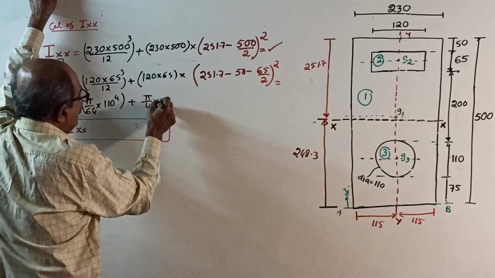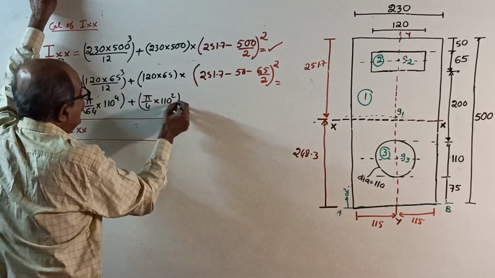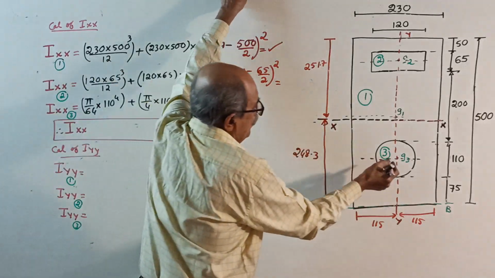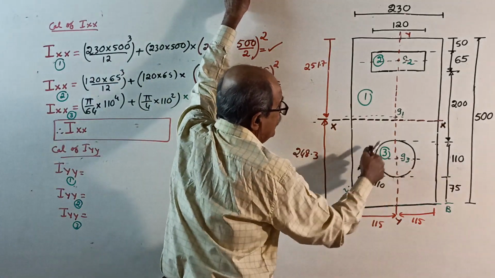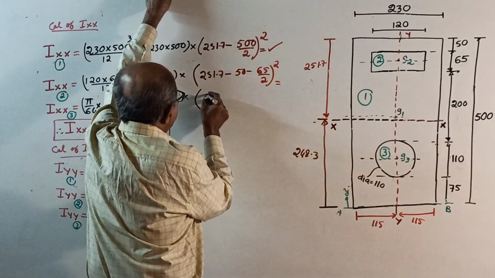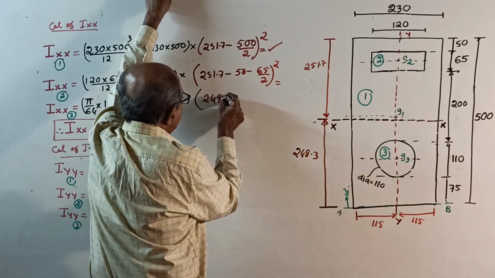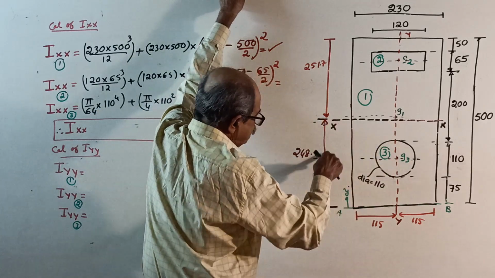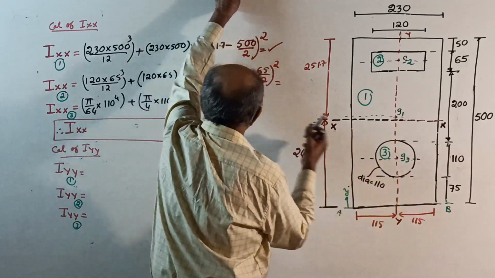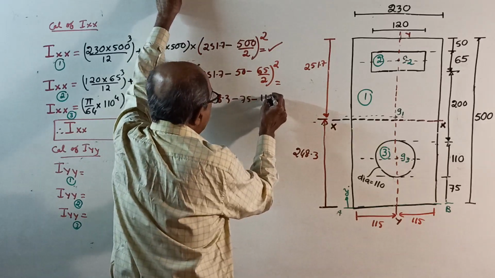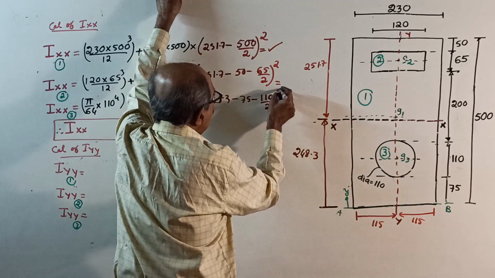Pi by 4 of 110 square is the area, multiplied by, from the centroid of the circle to xx, this distance square, which is 248.3 minus 75 minus 110 divided by 2, whole square.